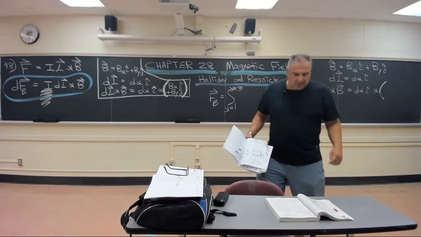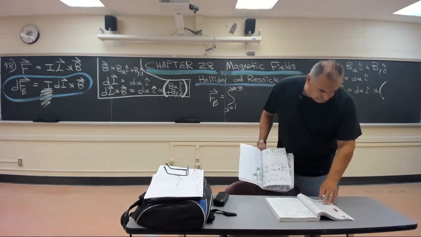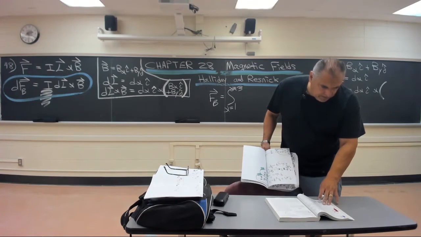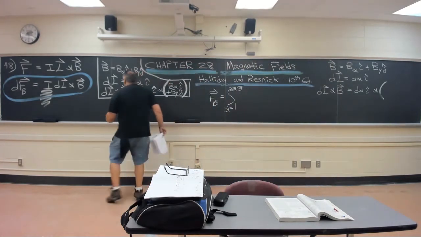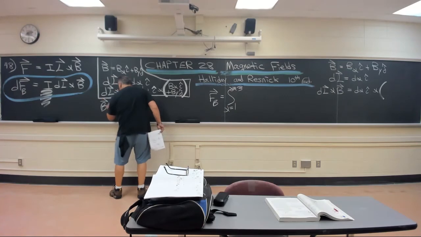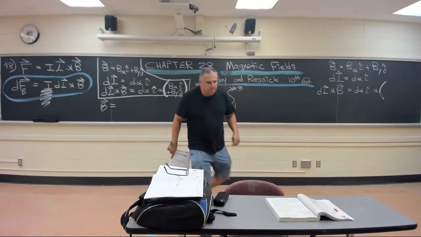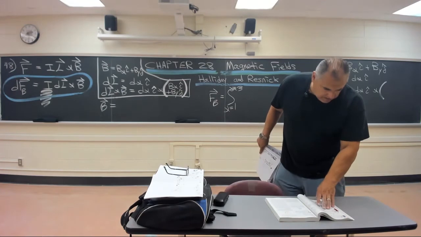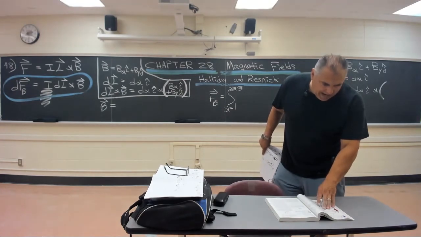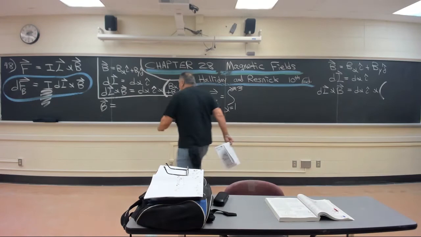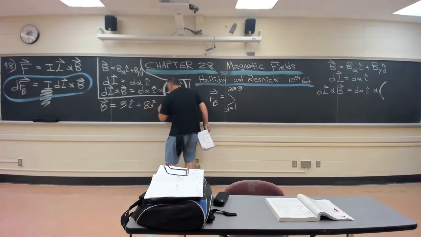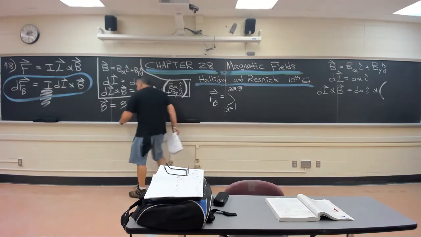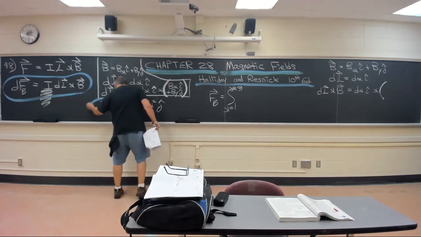The B vector is 3 I hat plus 8x squared j hat. That was something maybe we should have put in there.